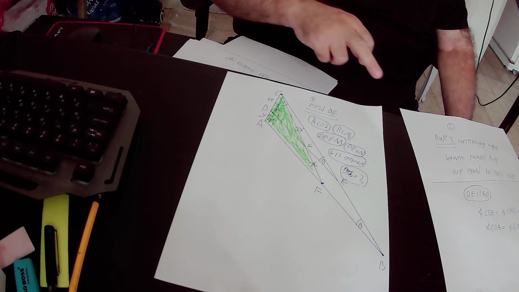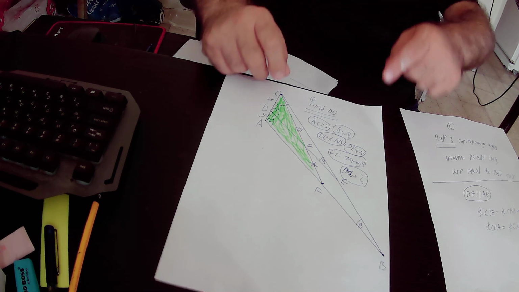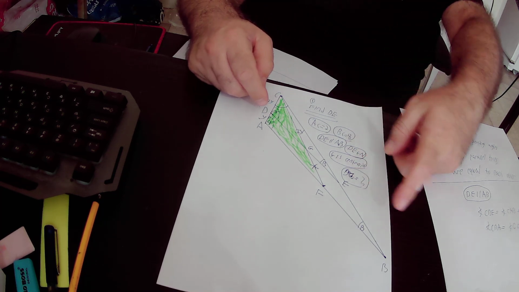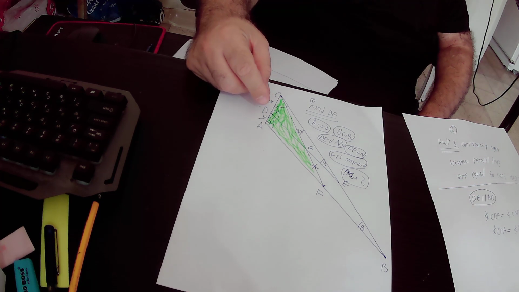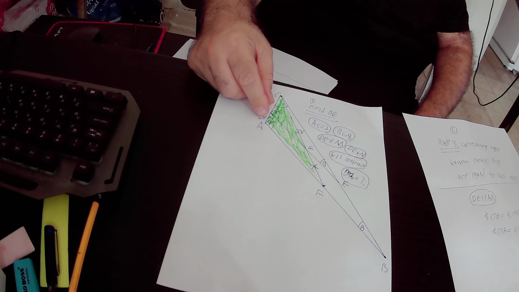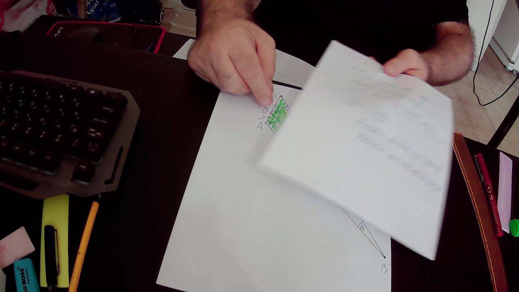And we can implement rule number 3 in our drawing, because we know that line DE is parallel to line AB. Therefore, those two corresponding angles will be equal to each other, and if one of them is alpha, then the other one will also be equal to alpha.